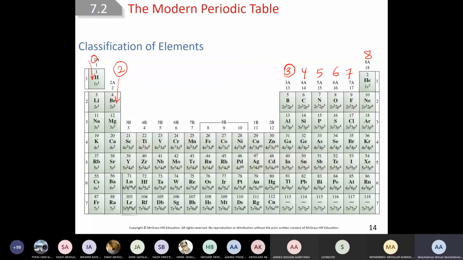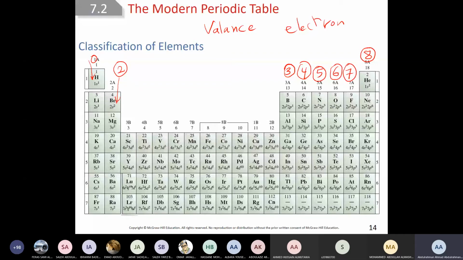You don't have to memorize them, you have to know them. Look at your periodic table and write 1, 2, 3, 4, 5, 6, 7, and 8, and whatever I write in red is the valence electrons. It's the same for the same group.